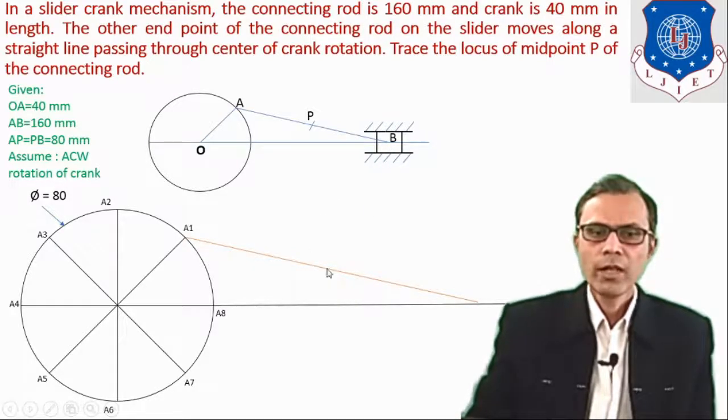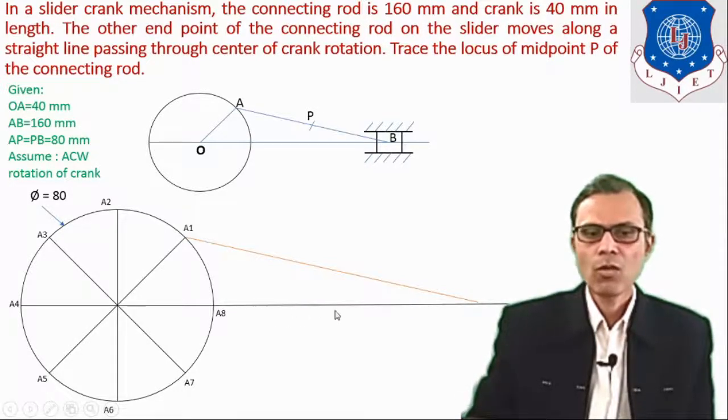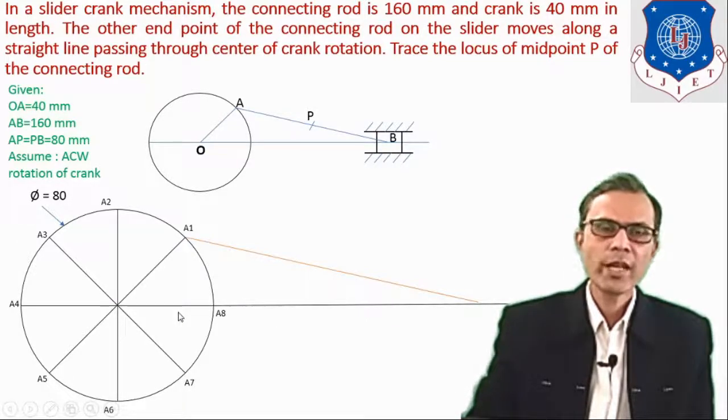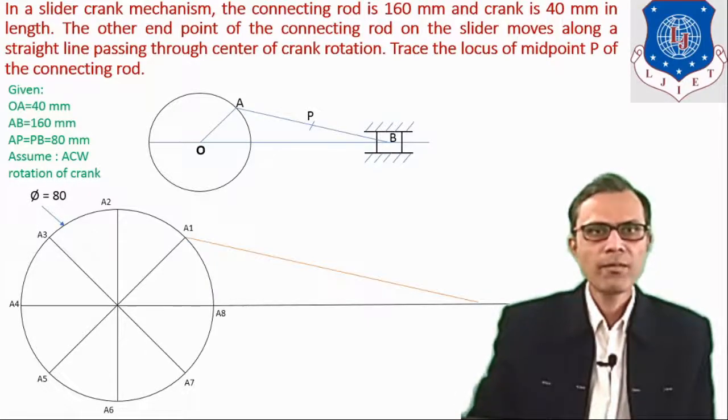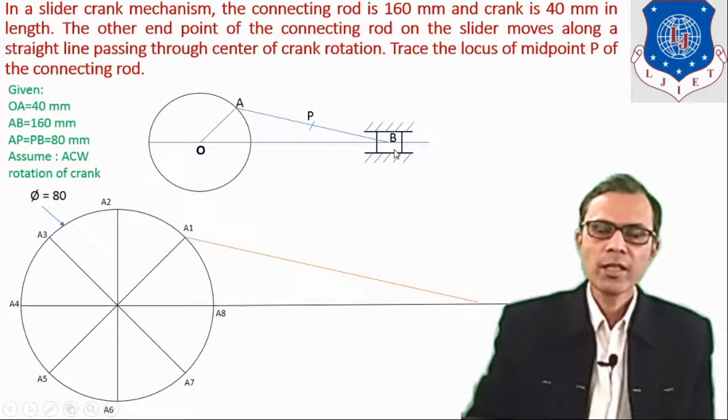Now it is a locus line of the slider B. Slider B reciprocates on this line, so it will move on this line. Now we have to locate the different positions of the crank, and for the different positions of the crank we also have to locate the different positions of this slider.